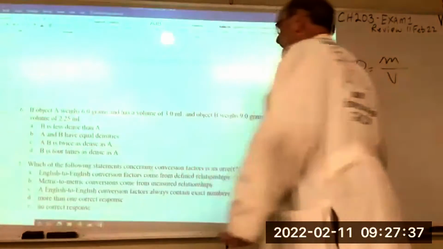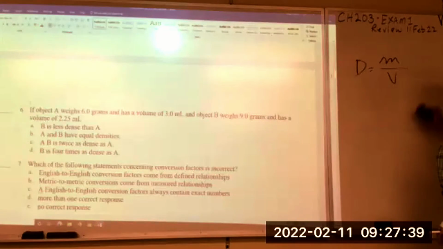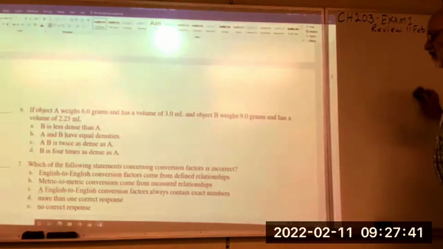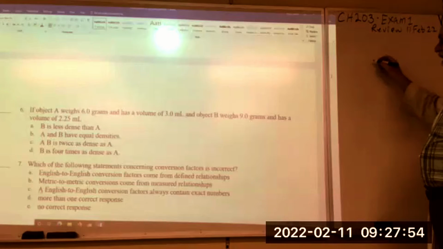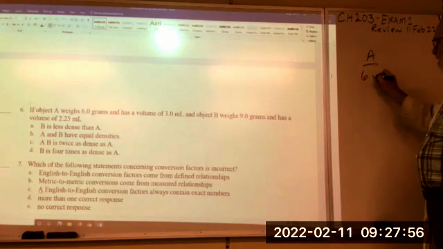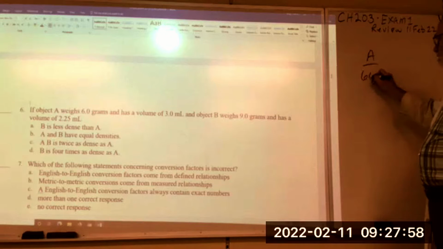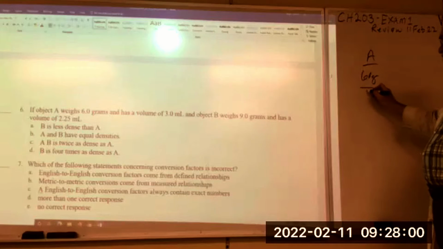If an object A weighs 6 grams and has a volume of 3 milliliters, and an object B weighs 9 grams and has a volume of 2.25 milliliters, which one's denser? That's what they're getting at. So object A has 6 grams and 3 milliliters.